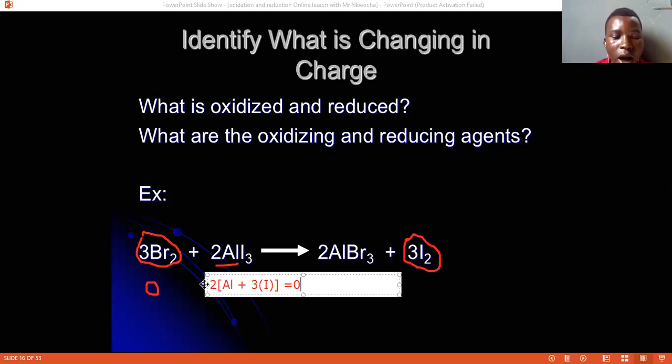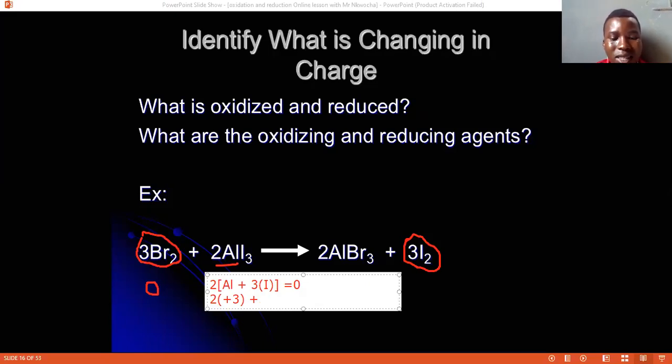So this is 2 times aluminum, which is usually plus three, plus we don't know the state of iodine there, so that is 3 times iodine.